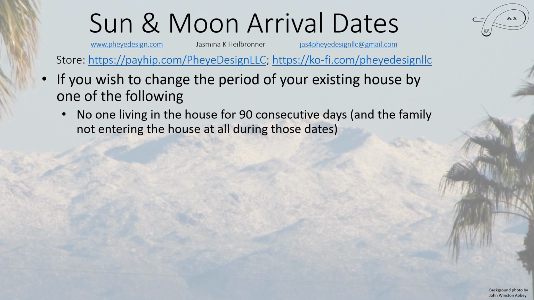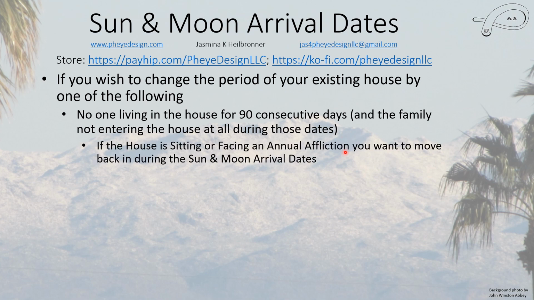And that means that the family that normally lives there cannot enter the house at all during those days. They have to be totally out of the house. If you want someone to check on the house to make sure that things are okay, if you have a trusted friend or family member who can come in, nothing looks disturbed, and leave. You don't have to move all your furniture out. You don't have to do all that. You just have to be out of the house.